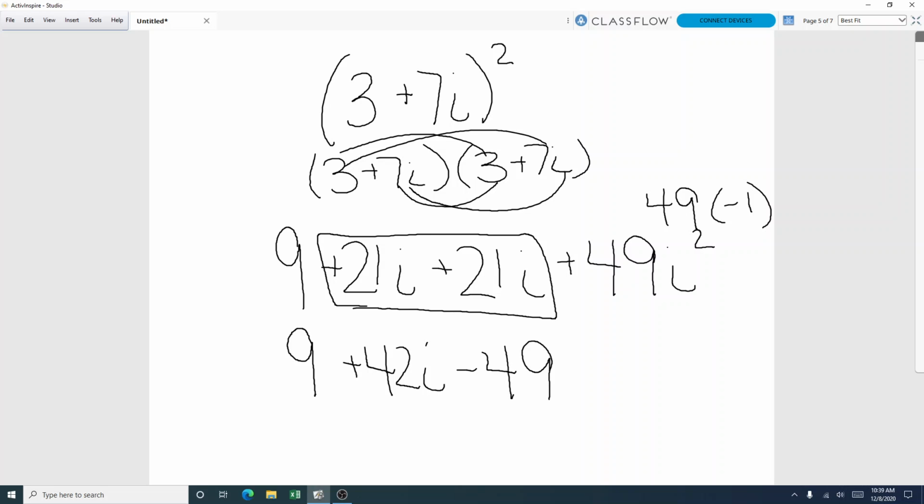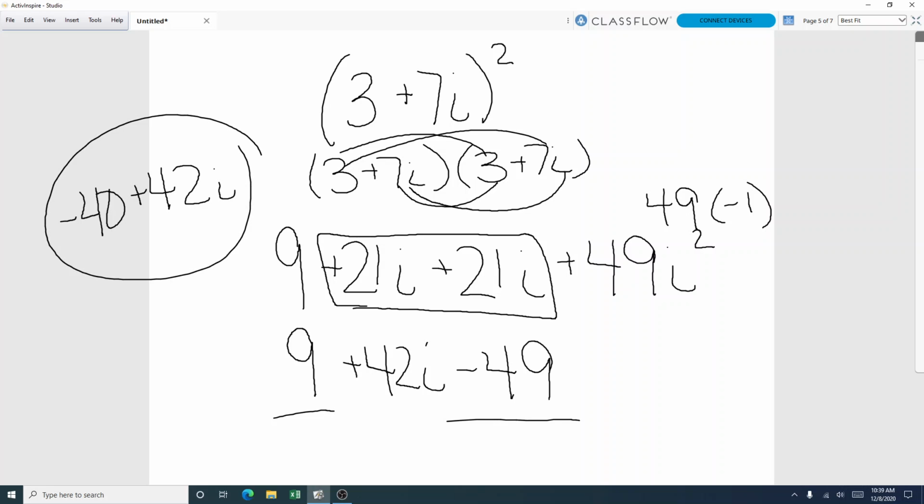So what can I still combine? 9 and 49. What does that give me? -40. So -40 plus 42i. So there's going to be a few steps today. A few things that we've got to do. Looks easier than yesterday. Well, because we already did yesterday's.